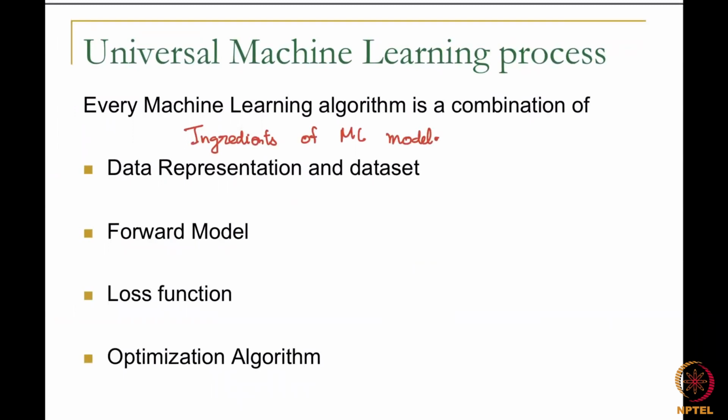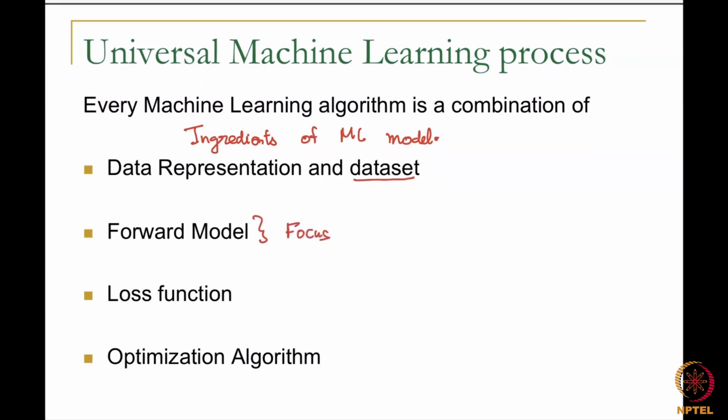The first is data representation, which I talked about a little bit last week, which is, if you have an image, how do you represent it? If you have a set of numbers, how do you represent it? And of course, the data set that we collected. This is one important ingredient of an ML algorithm. Next, of course, is a forward model, which is where we will focus on.